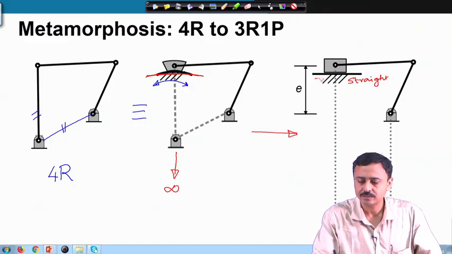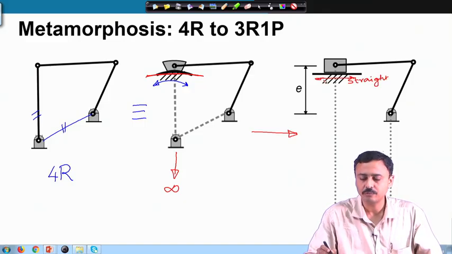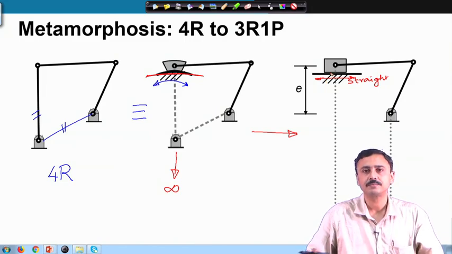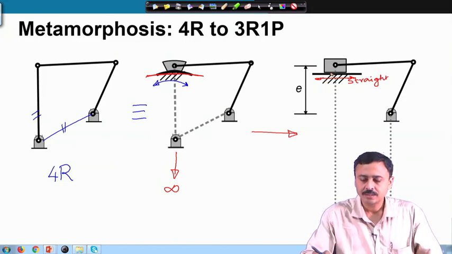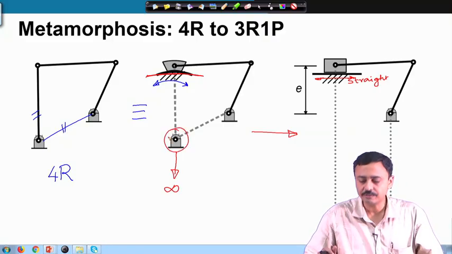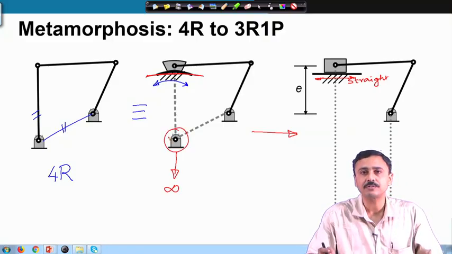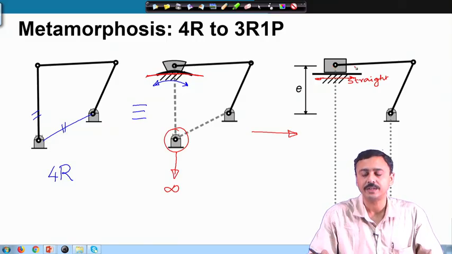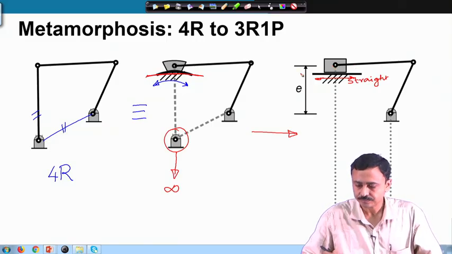We have a straight path on which this slider is sliding. Why? Because I have taken this ground hinge to infinity. Therefore, the radius of curvature of the slider path is infinity. So, this becomes straight.